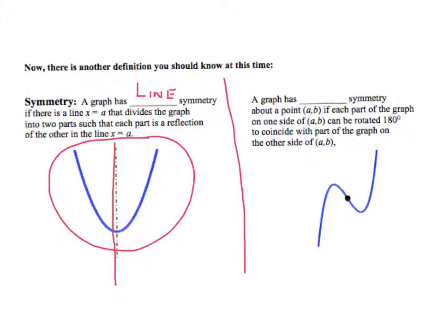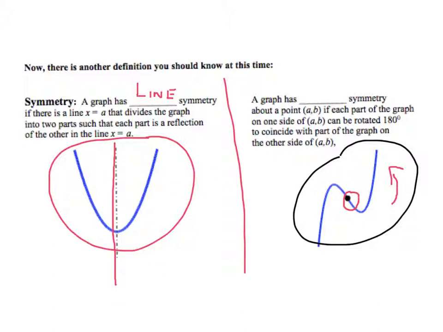Now, over here, we have a different situation. There's clearly some kind of symmetry here, but there is no vertical mirror line. However, if you look at this point, you should be able to see that if you rotate the image about that point, either clockwise or counterclockwise, it will eventually turn so that it rests exactly upon itself again.